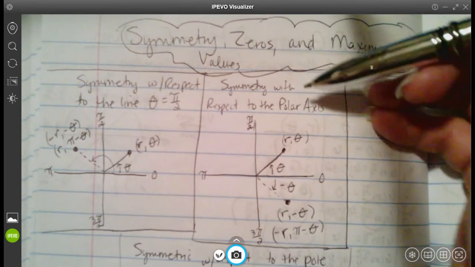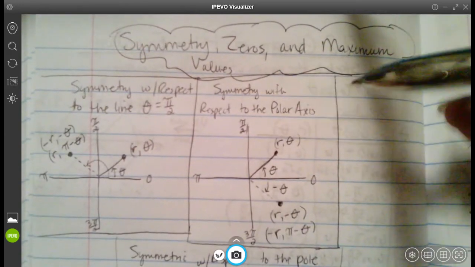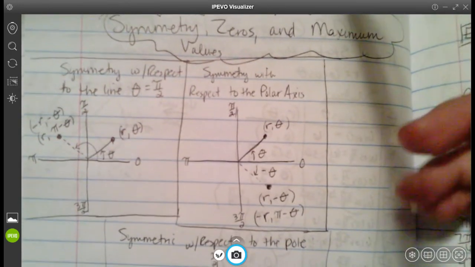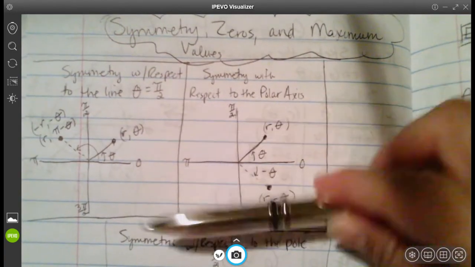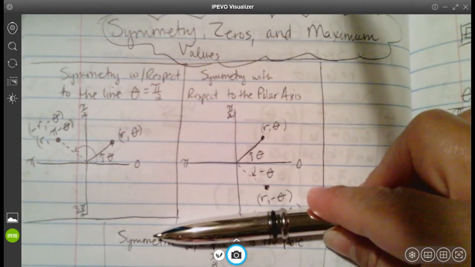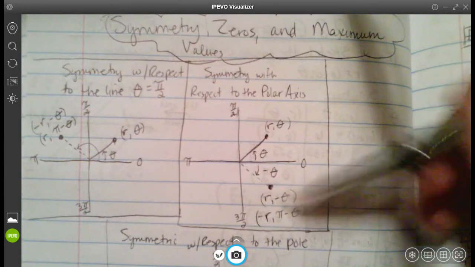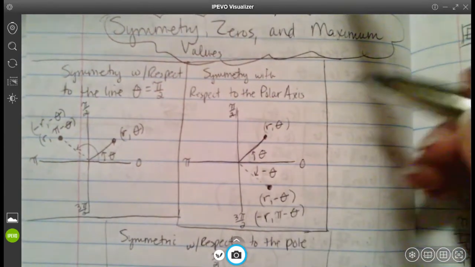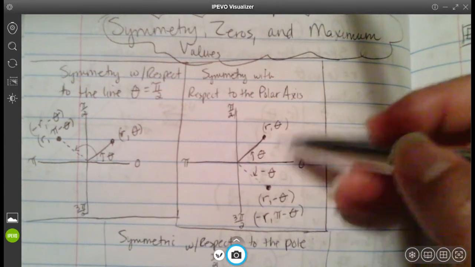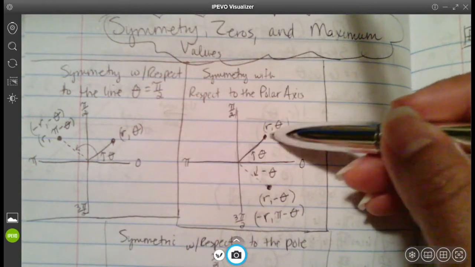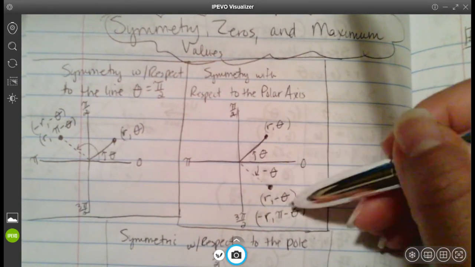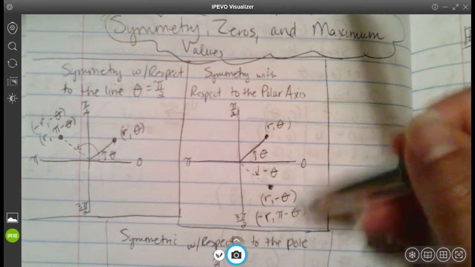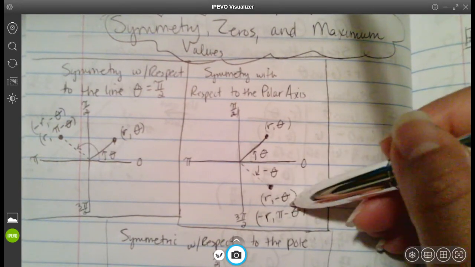Then we have symmetry with respect to the polar axis, which is kind of like respect to the x-axis. Everything on the top is going to match everything on the bottom. So you have this going on. By the way, the notation we have here is just the notation for the coordinates. So for example, if we have a point up here, our theta, if you flip it over, it becomes r, negative theta because, well, in quadrant 4, our angles are negative, yeah?